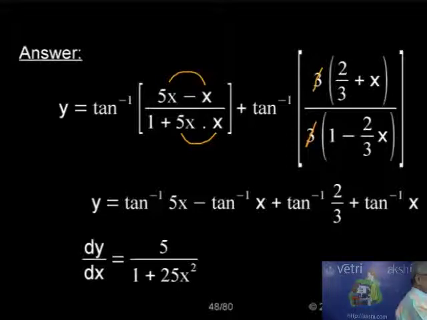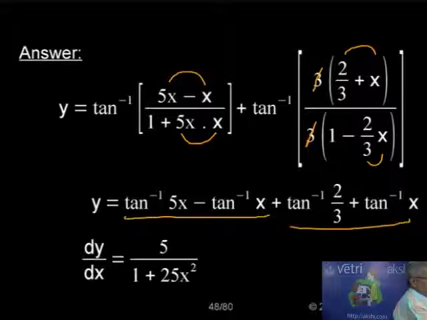This is the form tan inverse (a plus b) by (1 minus ab). So therefore, this is tan inverse 5x minus tan inverse x. This is tan inverse 2 by 3 plus tan inverse x. Because we have a plus b here, you get a minus b here.